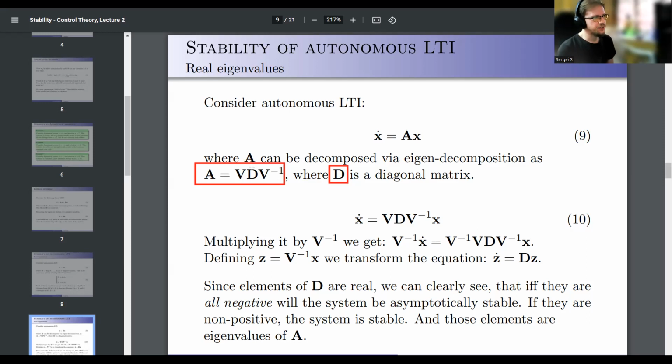So can you tell me when this decomposition is impossible? I don't remember exactly, but maybe when the eigenvalues are not real numbers, when they have complex parts, right?